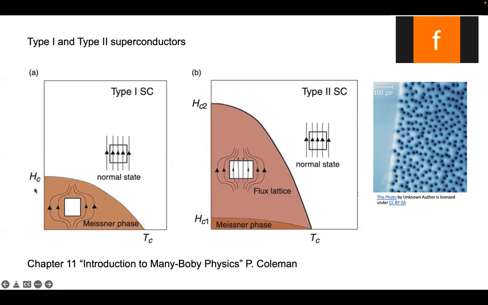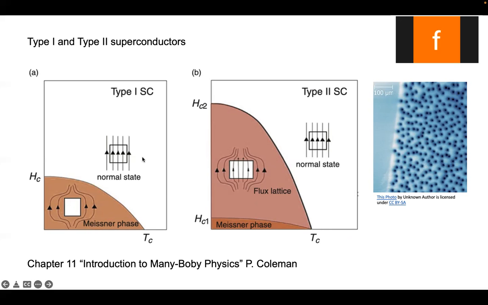On the y-axis, you have the magnetic field. On the x-axis, we have the temperature. And you can describe a critical magnetic field and a critical temperature. Above those values, we have a normal state of a superconductor.